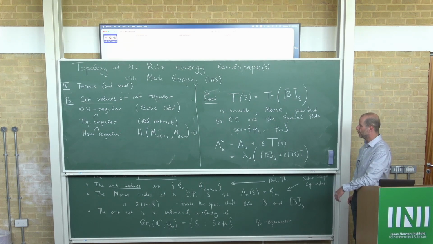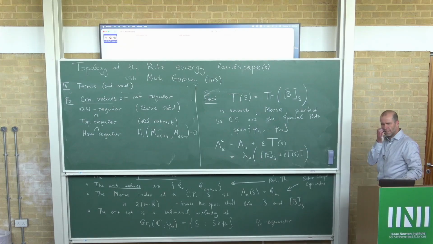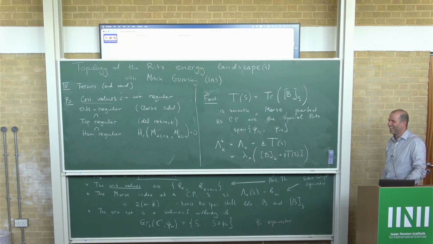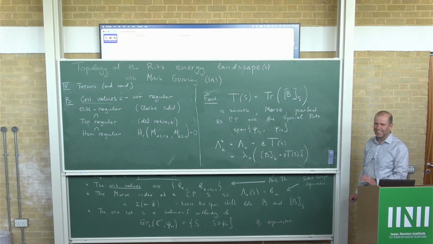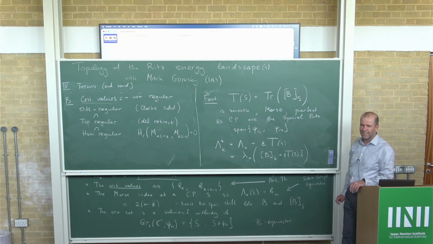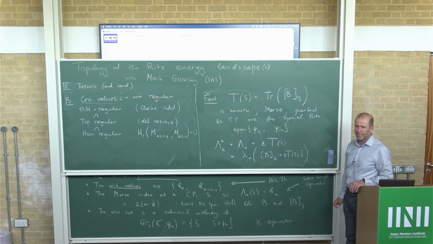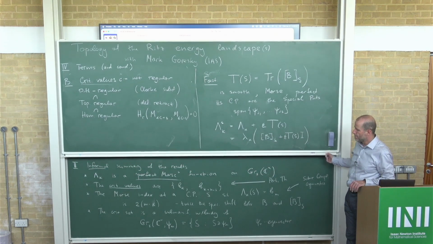Yeah, that's an interesting perspective. I have to think about it. Try the actual critical values of lambda k. So there is this minimality property.